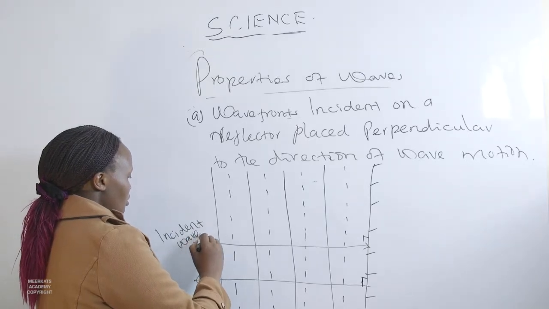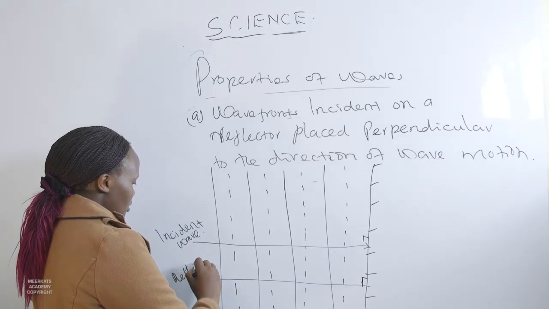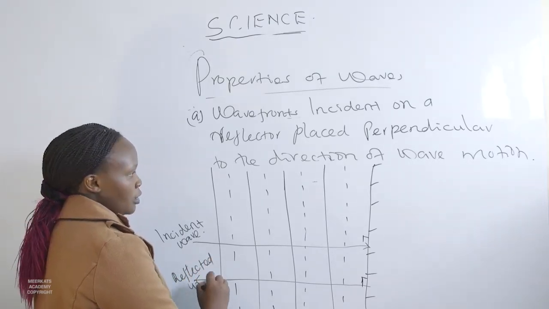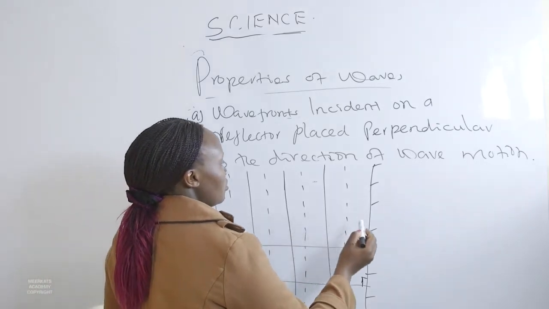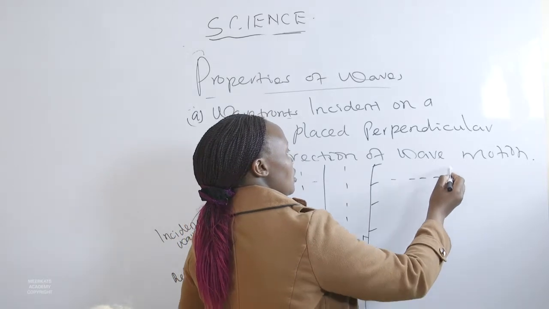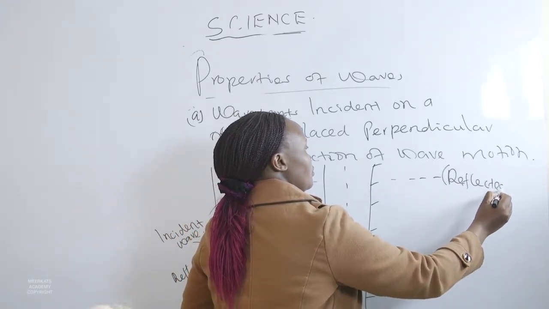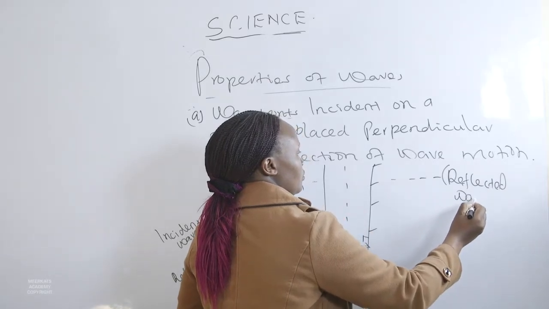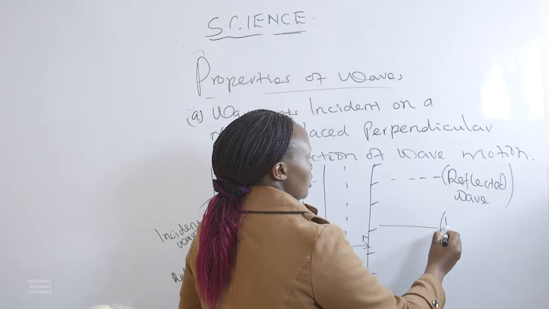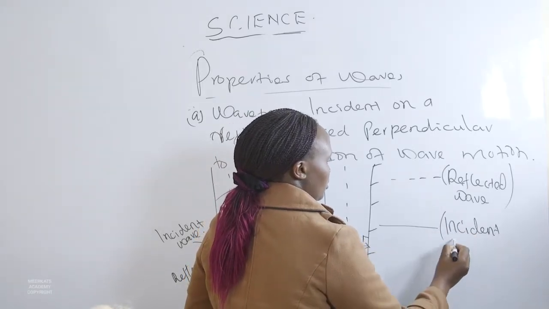This is the incident wave. This is the reflected wave. Now remember that the dots are the reflected wave, and the plain ones are the wavefronts of the incident wave.